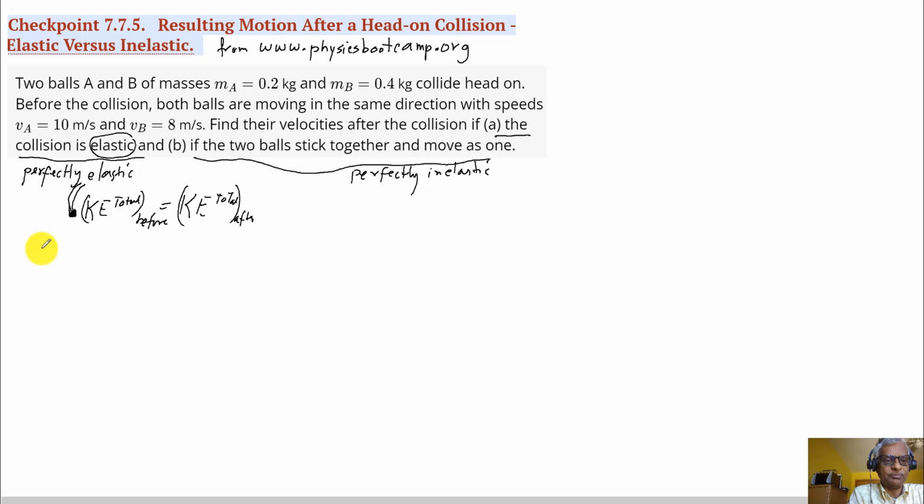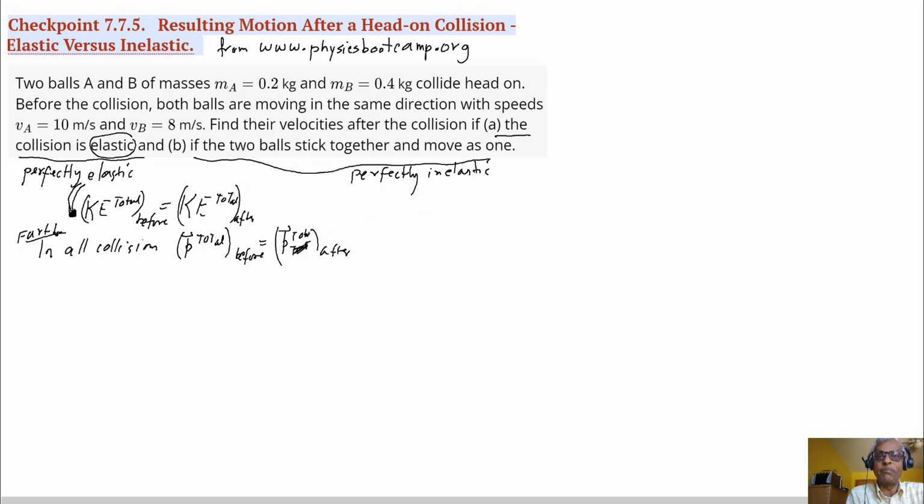So in all collisions, total momentum before equals total momentum after.